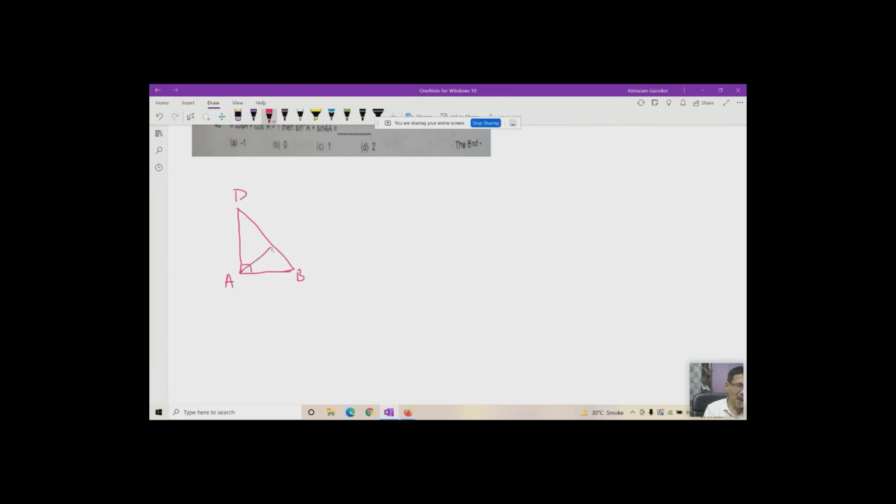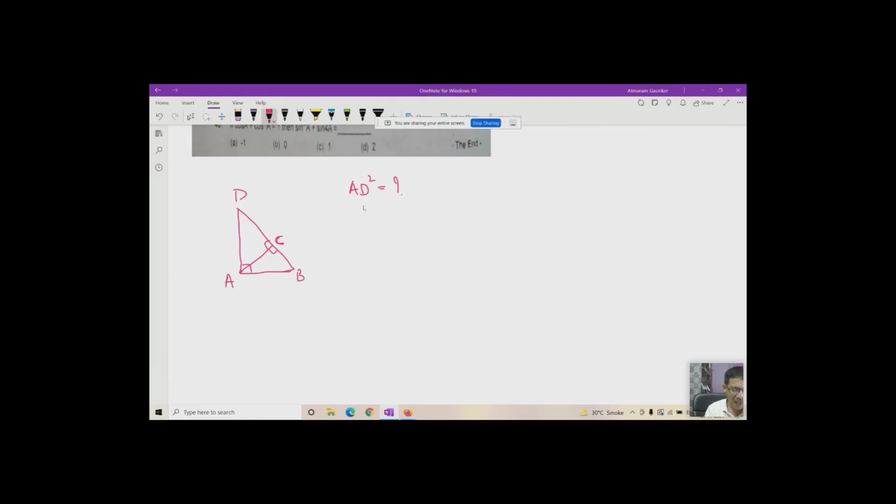So from A, we draw a line perpendicular to BD. This is also 90, this is also 90, and this is C. And you are asked what AD square is.